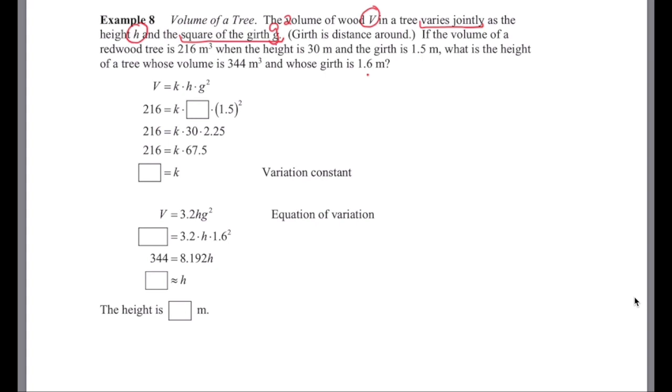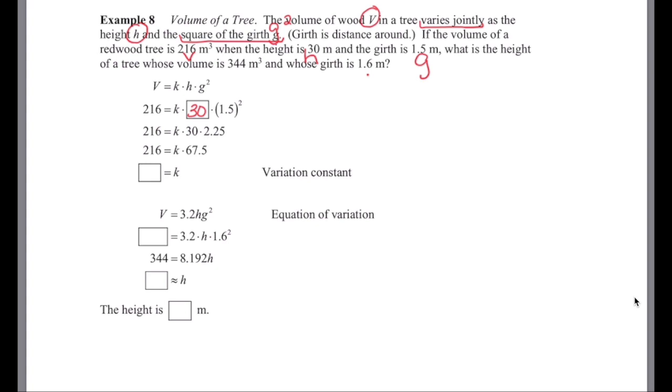So it's telling us that the volume is 216, our height is 30, and our girth is 1.5. So we'll plug that into our general equation that we determined was our variation equation. 216 is equal to k times our height of 30 times our girth squared, 1.5 squared. Multiplying 1.5 times 1.5 gives us 2 25/100ths.